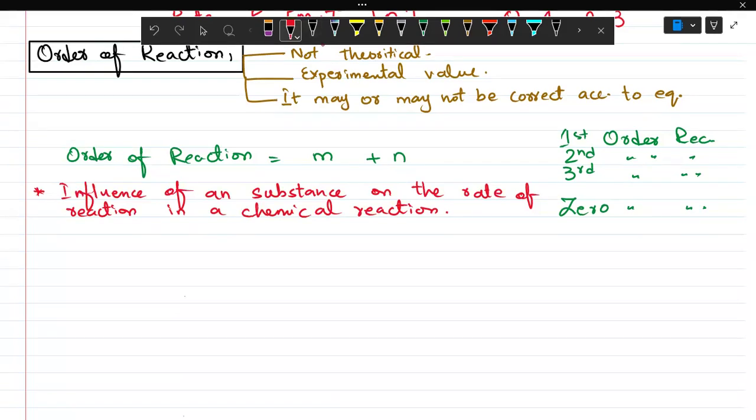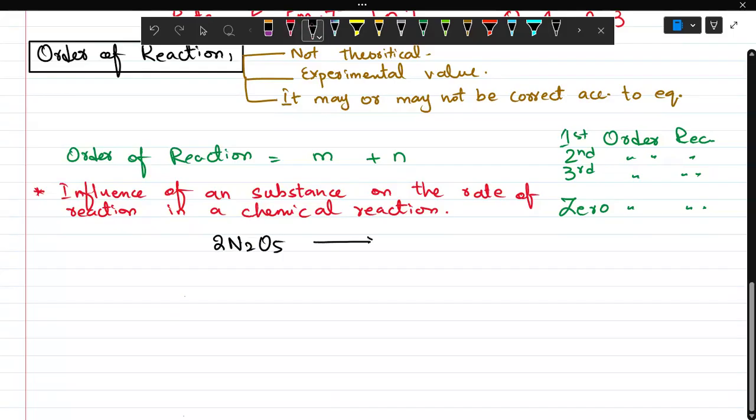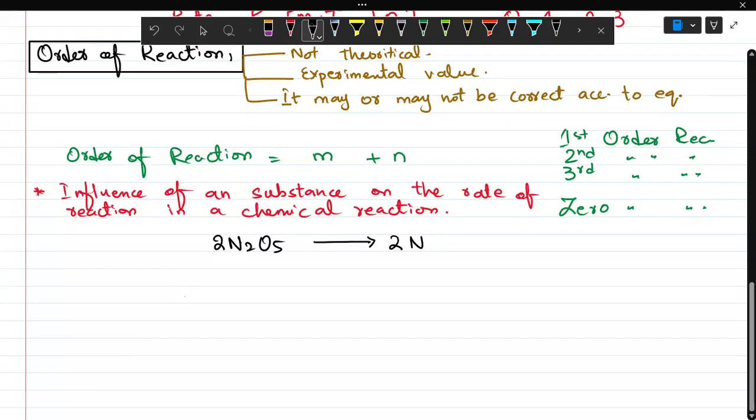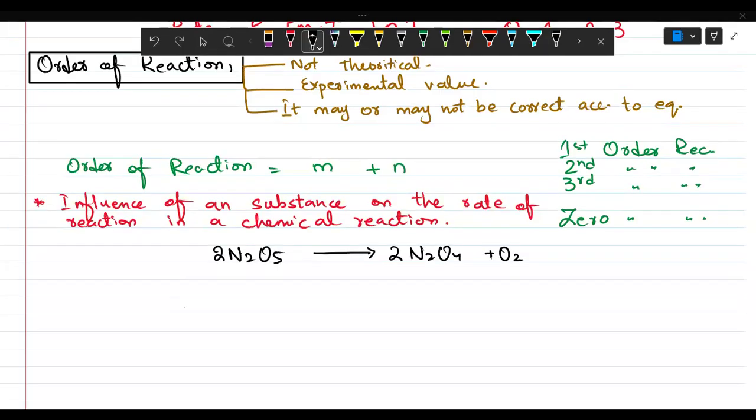According to the equation, what is basically the order of this reaction? What do you observe? There's one reactant, so the power is 2, and so it's second order.